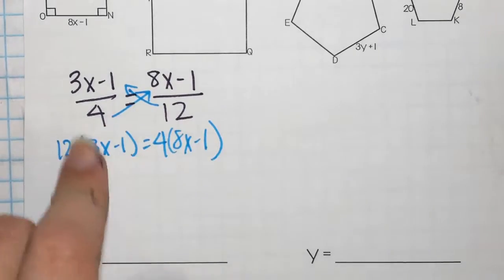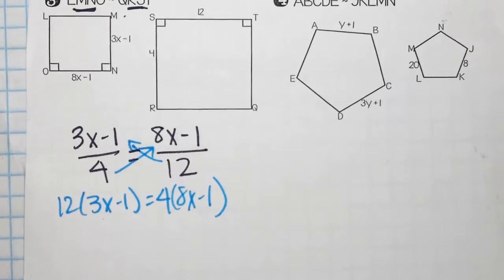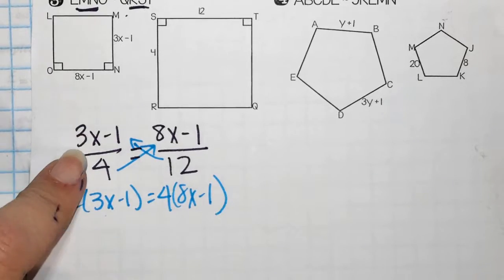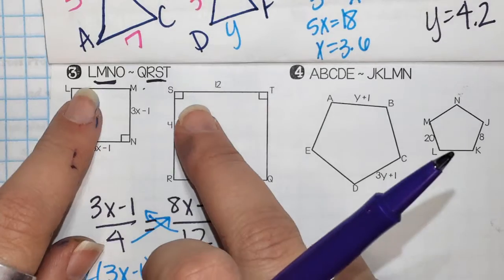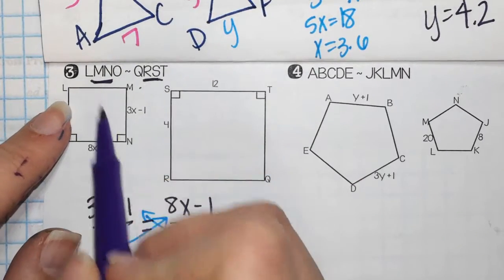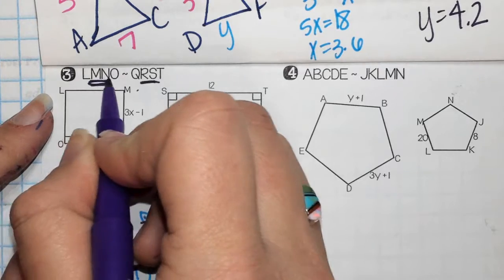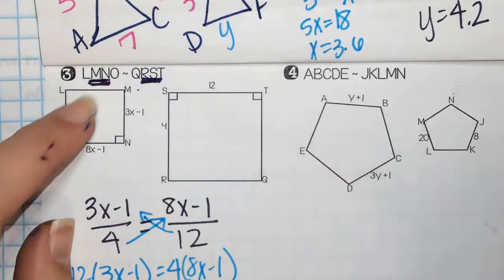Do you understand how we got this? Little bit. The purple part or the blue part? You want me to go back through the purple? Okay. So what I did was, because they're not in the correct order, they turned it. I looked at this, and it gives me MN and ON. So I underlined MN, which are my second two. And then I went and found the second two over here. That's RS.